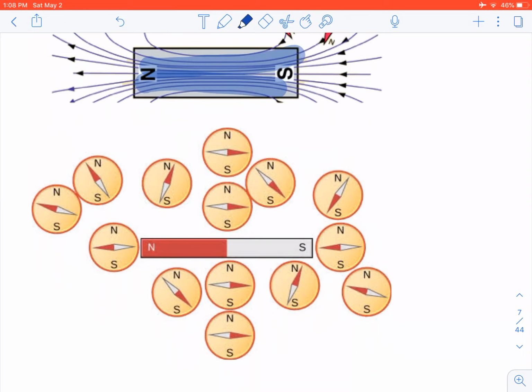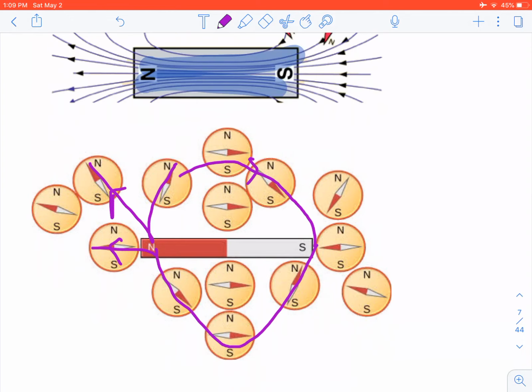We can say, okay, if I want to, there's north, so I could go there, and I could go like that, and then it comes like that. And here also we could say there, and it gives us that direction. Here it's going that way, and here we've got our arrow there, and our arrow there. And here it goes from north to south, and north to south.